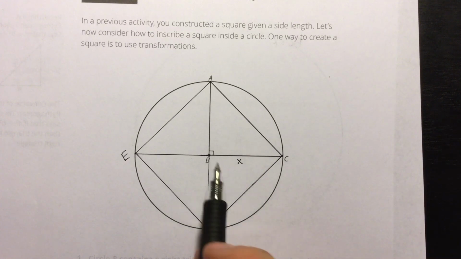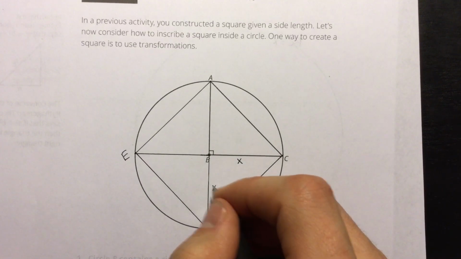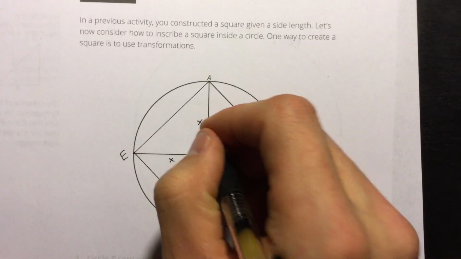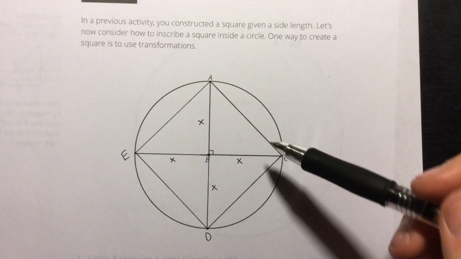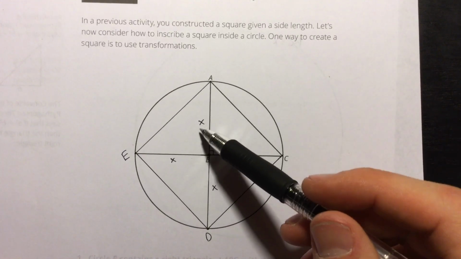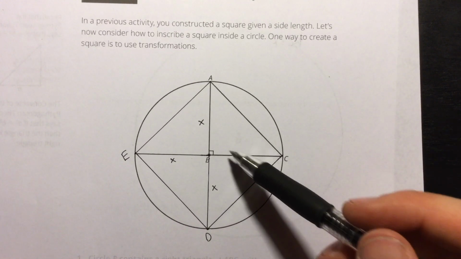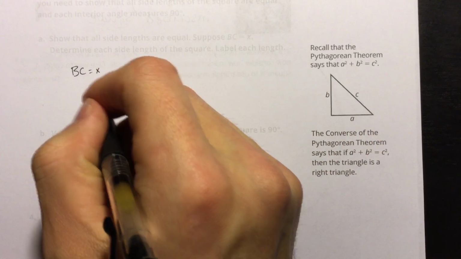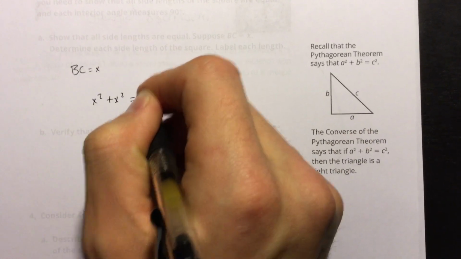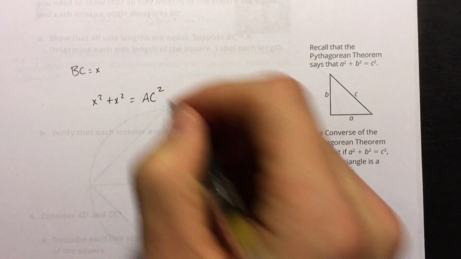So one thing I can do right away, BC is a radius and it has length x, so I can say that all of these other radii in the circle have length x as well. Now if I want to find this, it's a squared plus b squared equals c squared. So x squared plus x squared is equal to the length of AC squared.